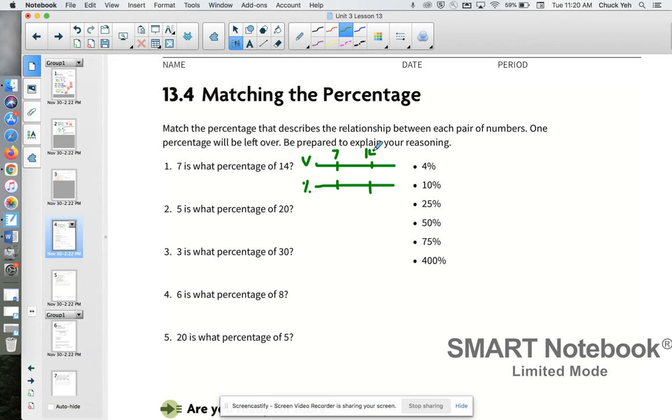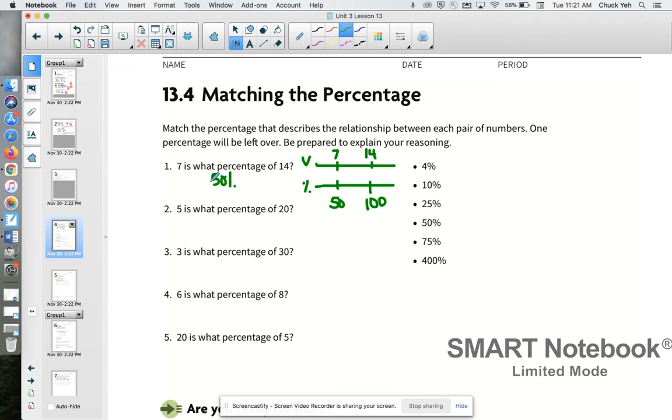We know that 14 is 100% because that's the biggest thing, right? 14 is the biggest number, so that's 100%. There's no other number over here, so we know that that's 100%. So we want to know what this is. We can cross multiply and divide. Multiply 7 times 100 on your calculator and divide by 14. And you should get 50. So that's why this is 50%.